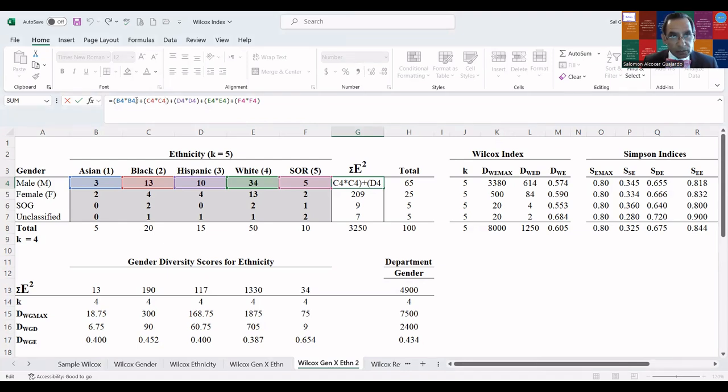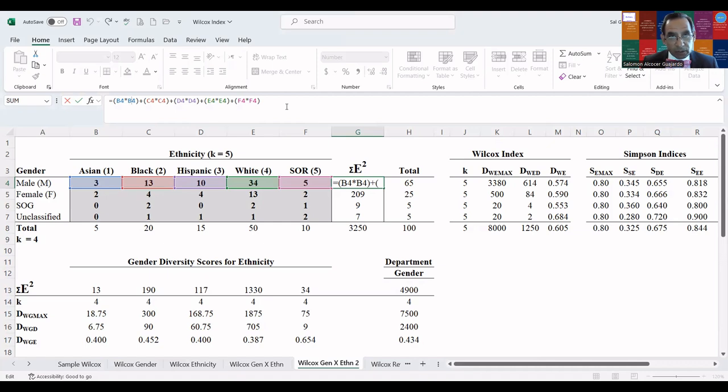So for the number of males that are Asian, the formula is parentheses B4 times B4, so it's 3 times 3, plus parentheses 13 times 13, so that's C4 times C4 for the Black males, plus the frequency times itself for the Hispanic male workforce, all the way to some other race.